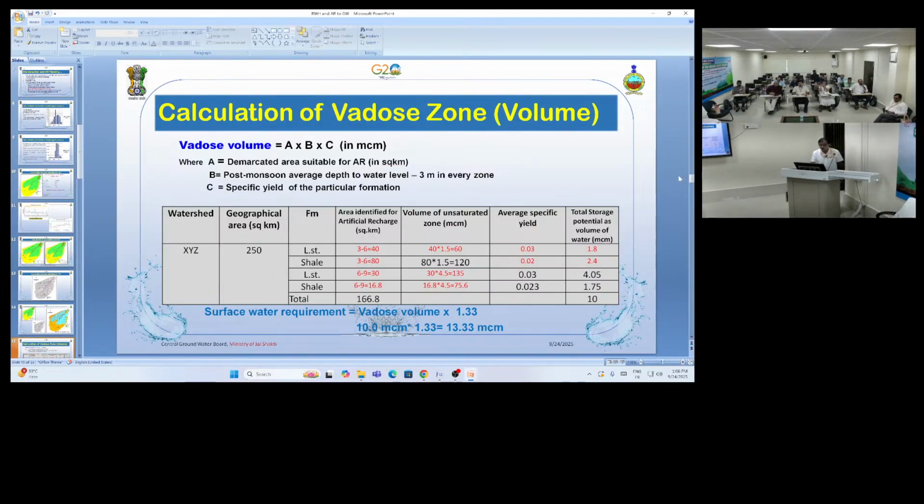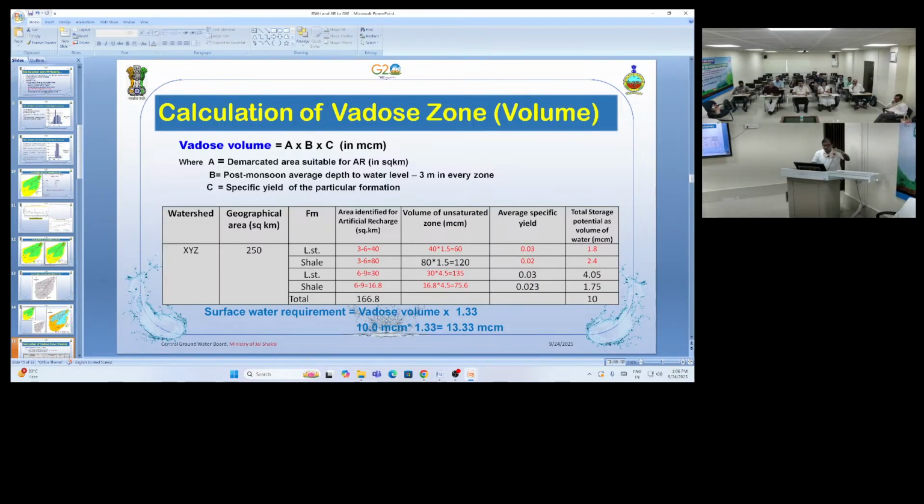Now the bedrock volume: how much space is available for us to go for recharge. First of all, based on our formation, we have calculated the 3 to 6 meter range, how much area is available for shale, limestone, all areas. Those areas, geologically and where the water level is declining, we have segregated.